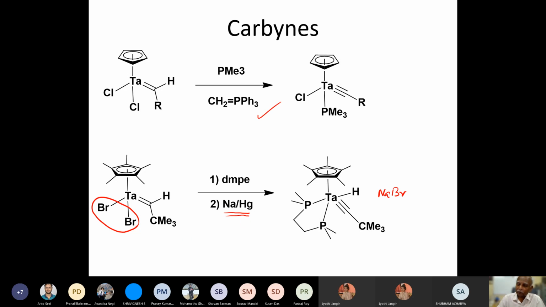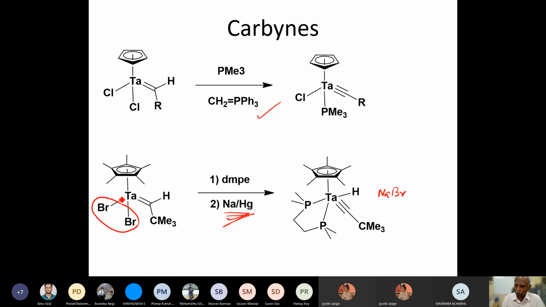In this example, we have used an extreme form of reduction with sodium and mercury. Sodium and mercury is probably one of the strongest ways in which you can reduce the tantalum from a +3 oxidation state.